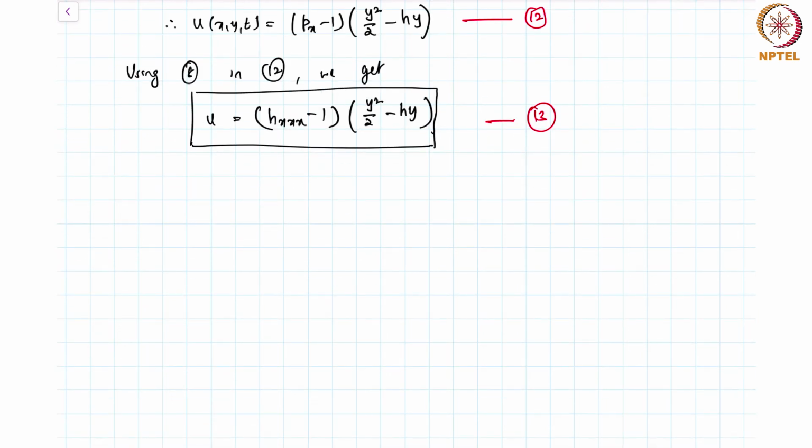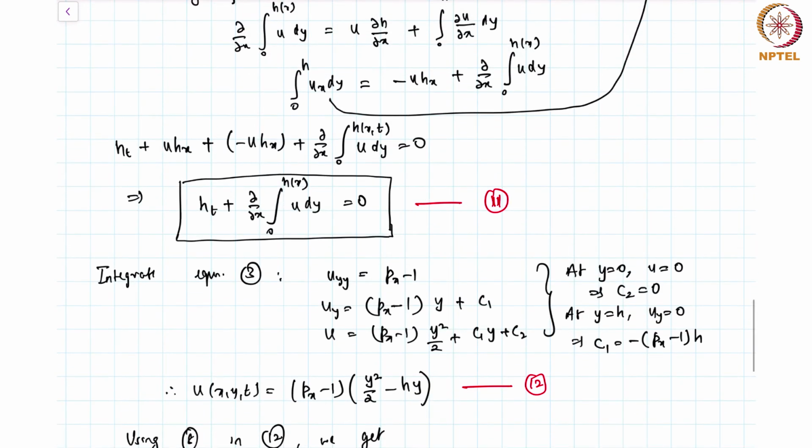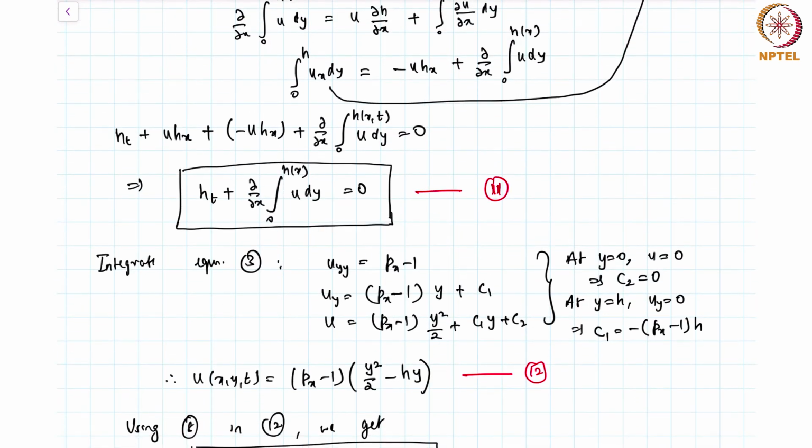So we can substitute this u into equation number 11. Remember, equation number 11 has actually come from the kinematic condition. Kinematic condition itself is coming from a mass balance constraint. Whenever the interface moves up and down, which is given by h of t, we are essentially saying that if the interface, let's say, is going up, then the fluid has to rush in to fill that void, to create that bulge.